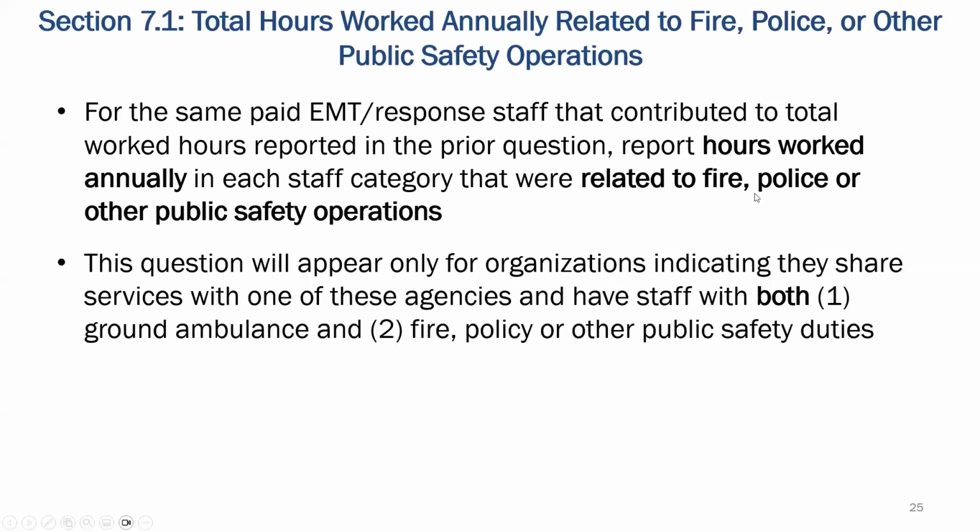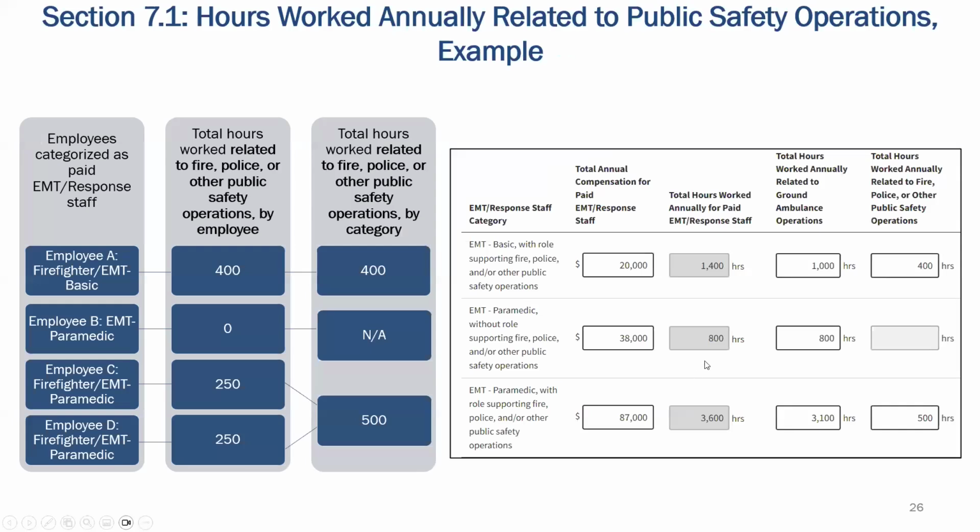So as before, you'll have a set of different columns for fire, police, or other public safety operations, and those will only appear when you're reporting hours worked if you say that your organization is fire, police, or other public safety based. This kind of continues the example from before. You'll see that the hours we were talking about earlier are still here, but here we're going to break out the total hours worked for other activities.